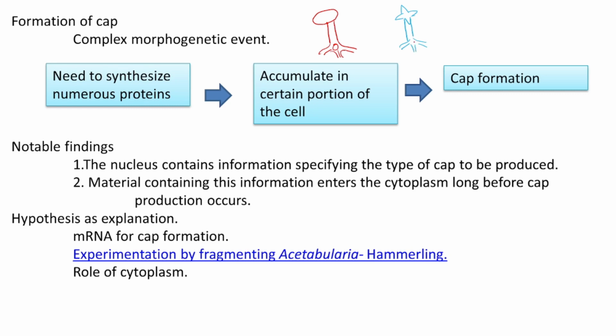Now it is carrying the nucleus of Acetabularia mediterranea. And the expectation is that as it is carrying the nucleus of Acetabularia mediterranea, it needs to form the cap of Acetabularia mediterranea instead of Acetabularia granulata.